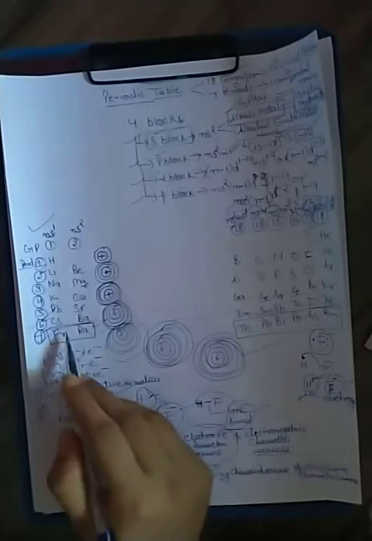Seventh period elements are radioactive and unstable, so they cannot be included in these properties. So as we move down the group, from top to bottom, atomic radii and atomic size increase.